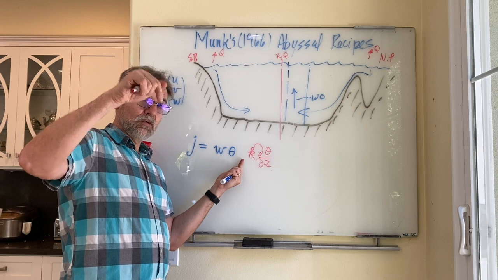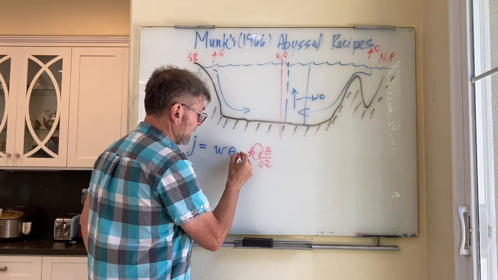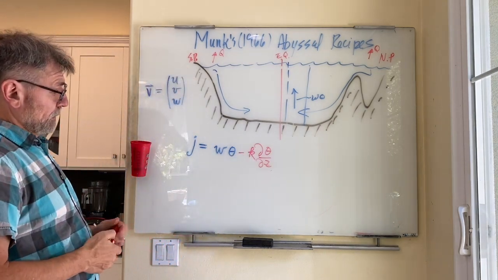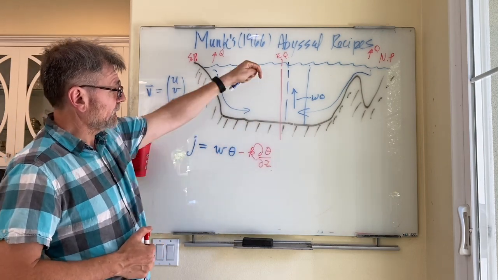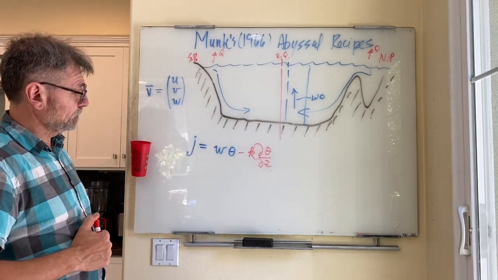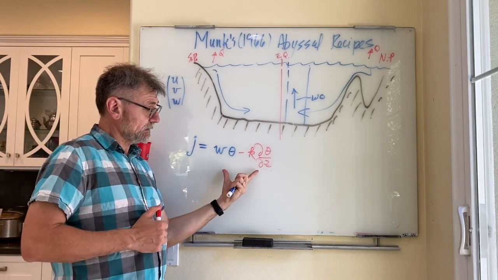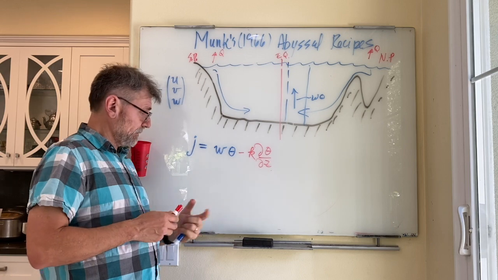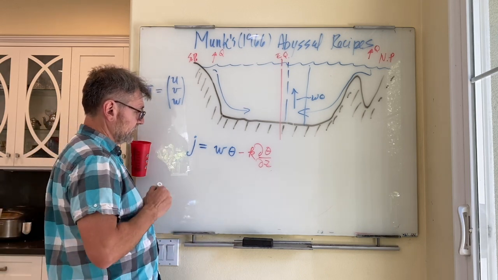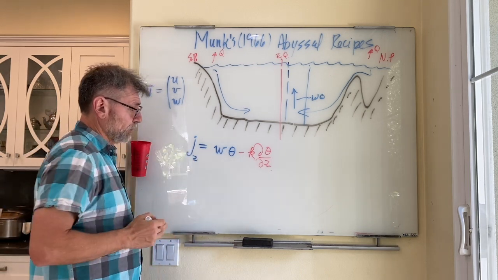It's mixing the warm water into the cold water. So we need a negative sign. Vertical advection carries temperature upwards. Diffusion carries it down the gradient. And this is the flux of temperature, the vertical component. So I'll just put a little z here to remind you that it's the vertical component.